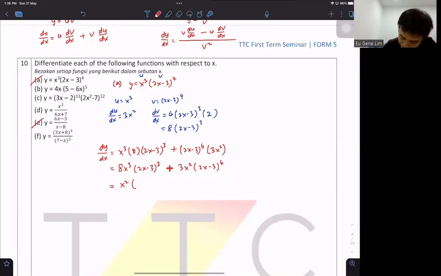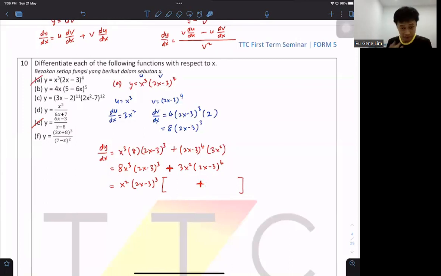So you take out (2x minus 3) power 3. Okay, then once you take out already, you put the big bracket. In the middle is plus.